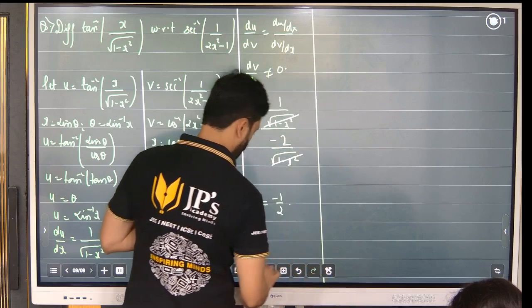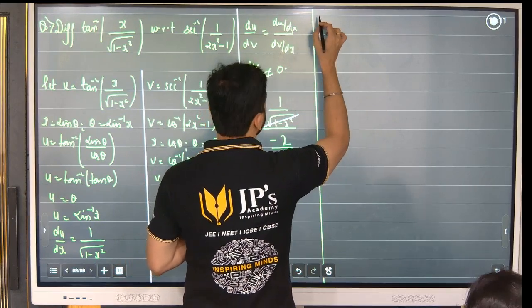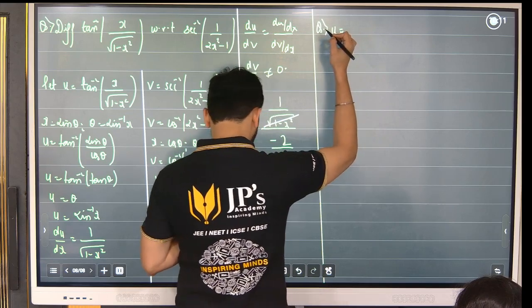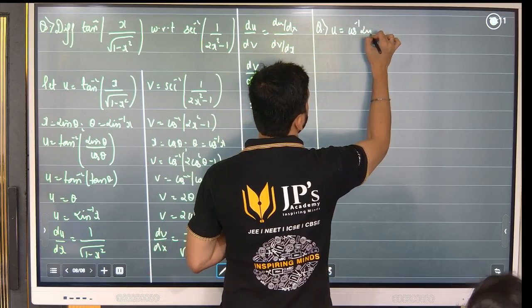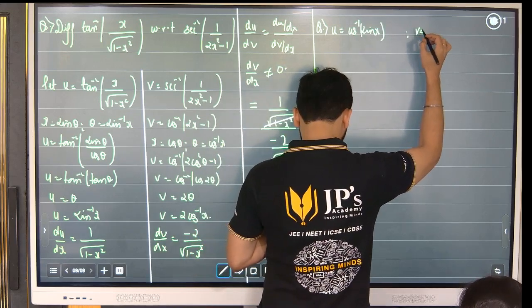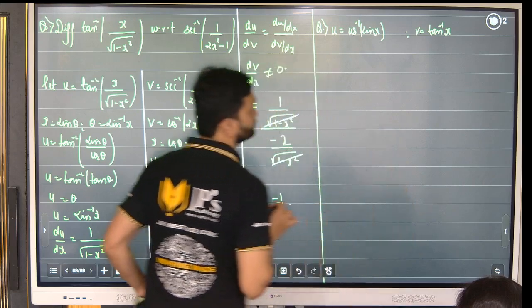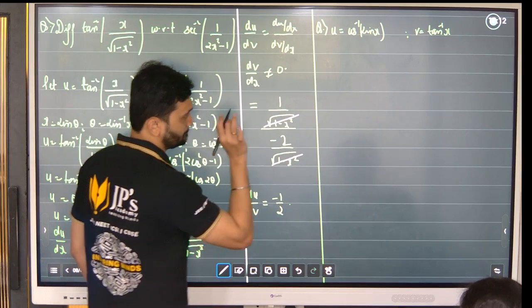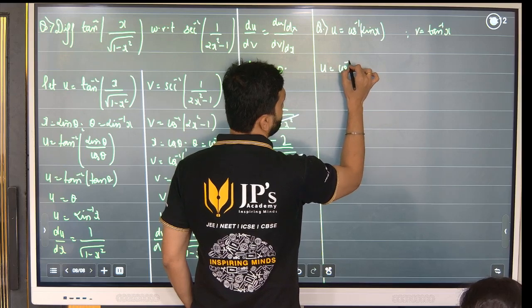You solve the next question. On the same lines, guys. Now say for example I have u is equal to cos inverse of sin x, v is equal to tan inverse x. Now see what I will do. Before simplifying, I would make it easier for you.